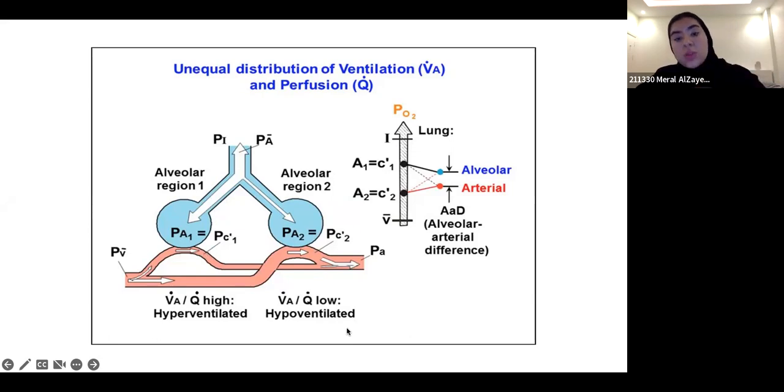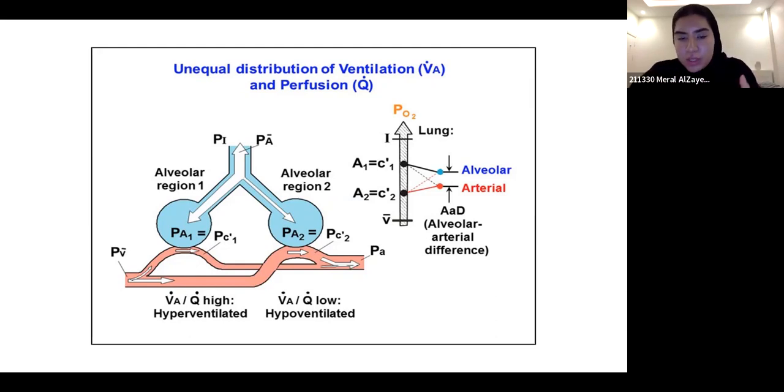It's less perfused than alveolar region 2. Okay, what does this mean? Again, obviously, this doesn't change. The partial pressure of them doesn't change. It's the exact same thing as I just mentioned with the alveolar partial pressure, but it will just be reversed.